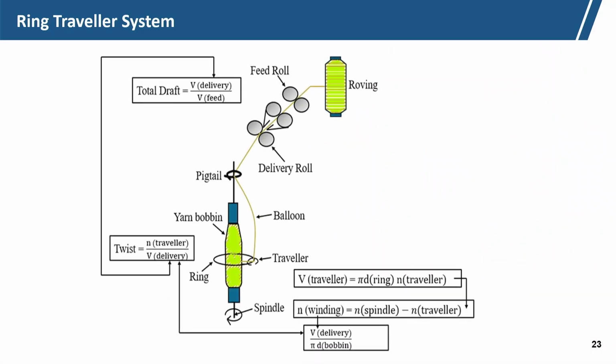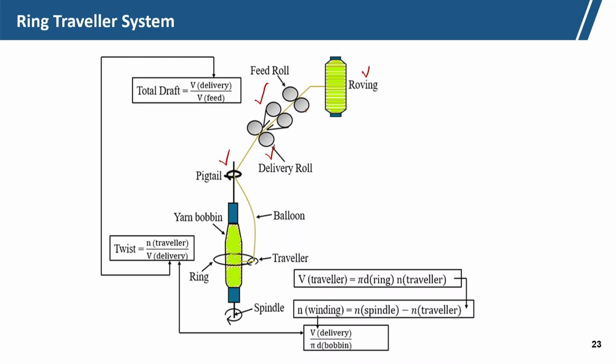Now, this is the yarn manufacturing process in ring spinning. This is the roving, these are the delivery roller and feed roller, lappet, balloon formation, ring, traveler.